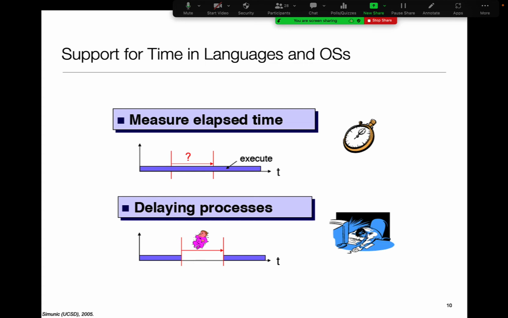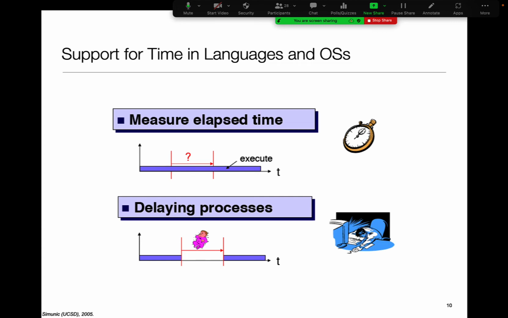Does anyone know what the cron system in operating systems is? Anyone used it ever? Crontab. If you're using Linux or Unix systems, there is an under-the-hood facility where you can have jobs scheduled to run at specific times.